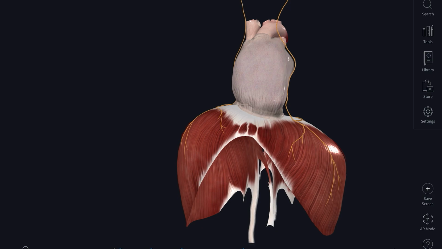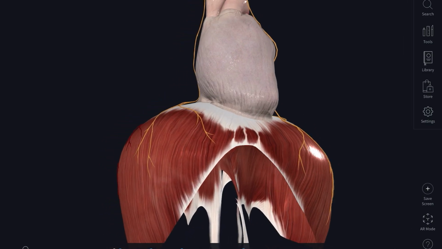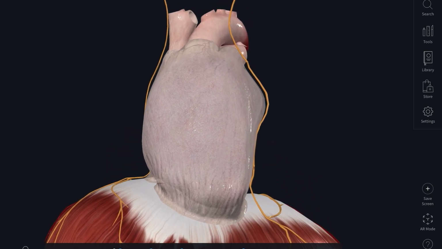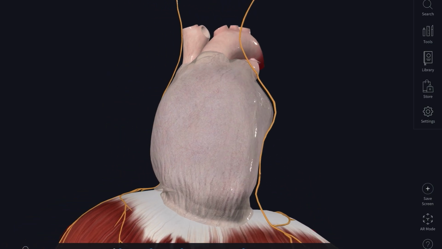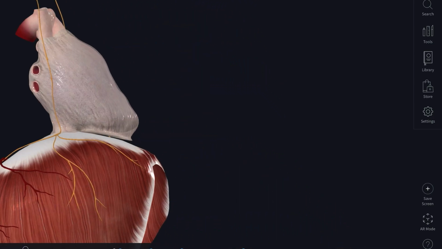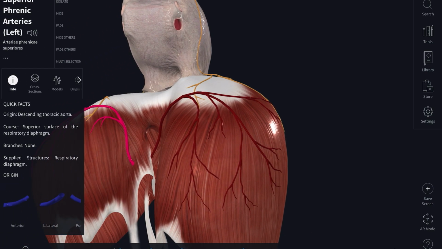So in this view, we see the heart, and then we see the diaphragm, and then we see in yellow the phrenic nerves coming down both sides of the heart. Just to skip ahead a little bit, back here we have the superior phrenic arteries.